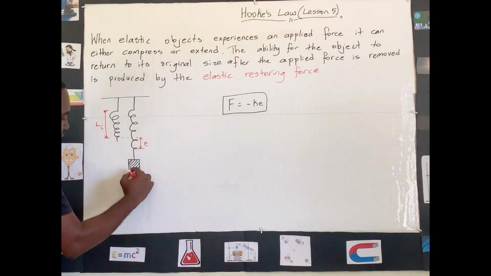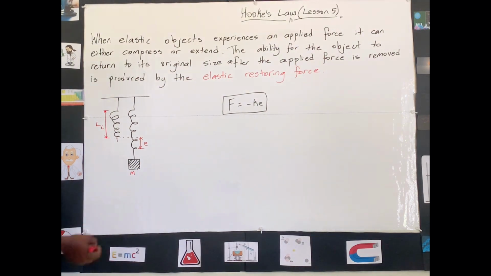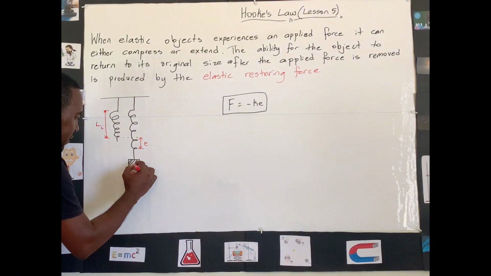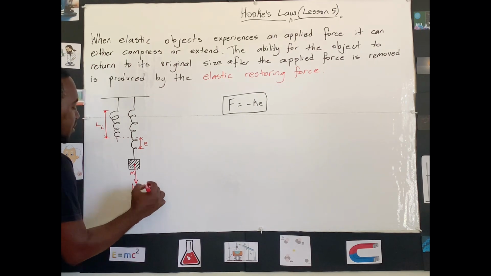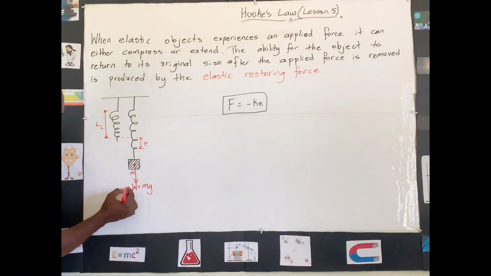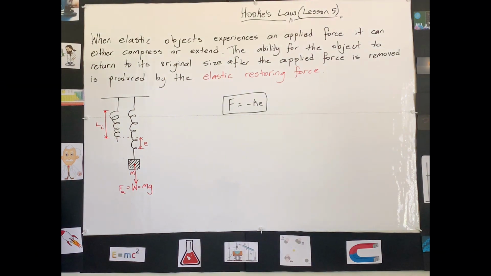Now, we can call this mass m, and we know that this mass from its center will generate a force downward, which is called weight, which is just m times g. And that is your force, your applied force. Let's call that FA, applied force.